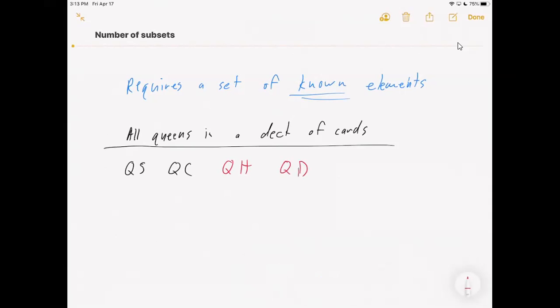Those are the red ones. What we need to determine is how many different possible groupings I could have. A subset is any group of the above. A subset could be the null set, anywhere from 0 to all 4 of the following, from the set.